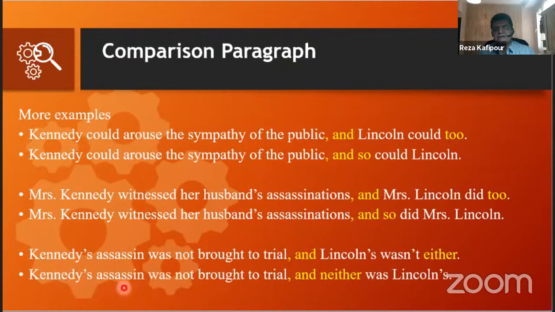Here we say Kennedy's assassin was not brought to trial and neither was Lincoln's. So "and neither" is a structure similar to "and so", but it is used in negative statements or negative sentences. So after "and neither", we have a positive auxiliary verb because "neither" itself is negative, so no need to write "wasn't": "was Lincoln". Lincoln again refers to Lincoln's assassin, that assassin is omitted based on the parallel word.